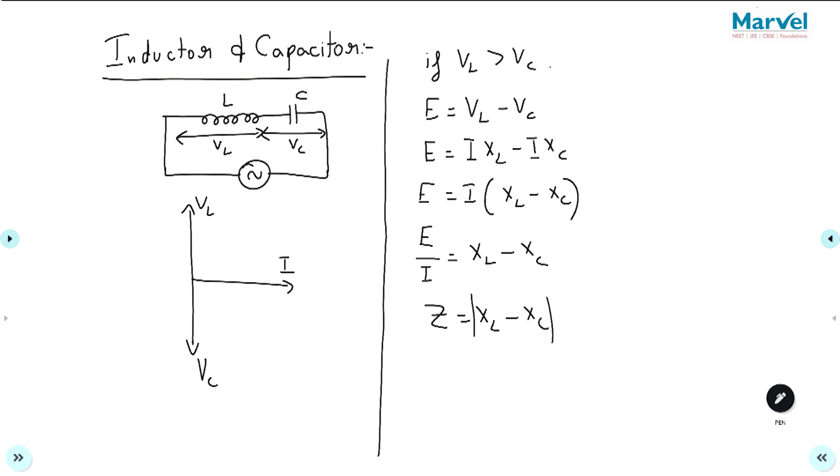For the inductor, the current lags. For the capacitor, the current leads. So there is no phase angle between the voltage and the current for this particular combination.